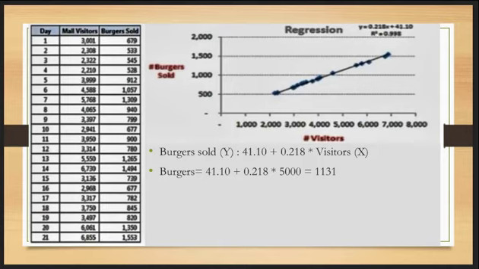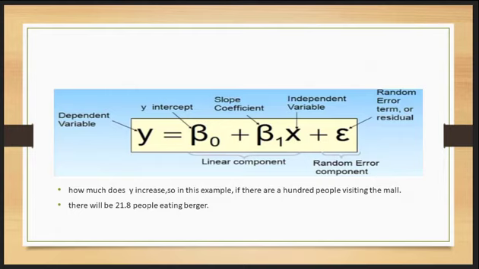Let's check the formula again. The equation has the form y equals a plus bx, where y is the dependent variable. That's the variable that goes on the y-axis. X is the independent variable. It is plotted on the x-axis. B is the slope of the line and a is the y-intercept.